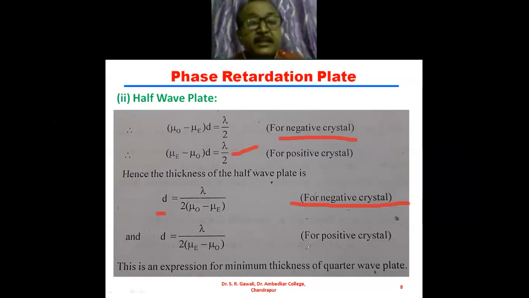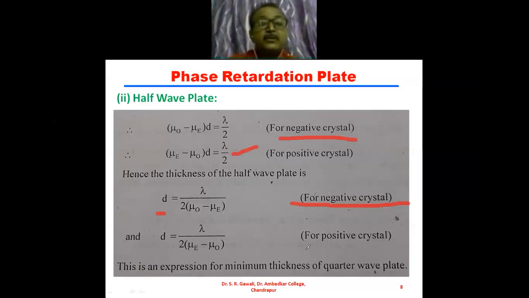So here mu E is the refractive index for the extraordinary ray, and mu O is the refractive index for the ordinary ray. Out of these two, which is the greater one and which is the smaller one? The smaller refractive index is to be subtracted from the greater refractive index.